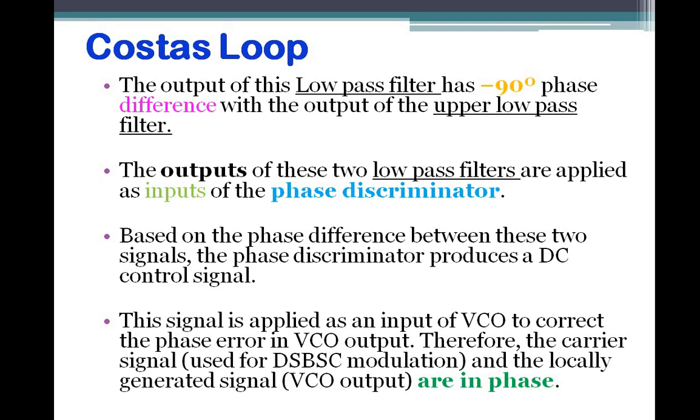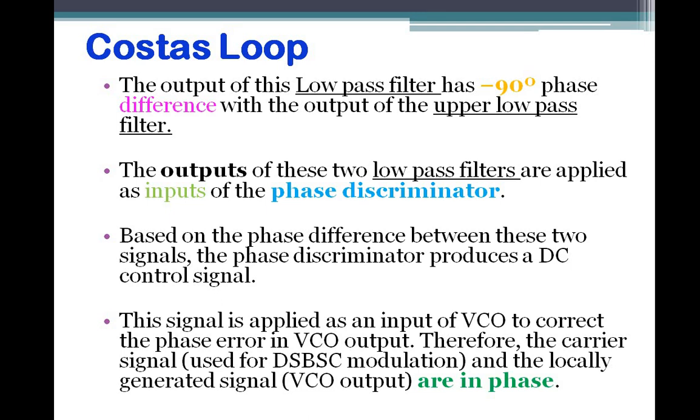It gives you the phase difference, in case there is any, to the local oscillator or voltage controlled oscillator. Therefore the carrier signal used for your DSBSC modulation and the locally generated carrier signal are in phase. That is how we get the carrier signal at both the transmitter and receiver side in phase.